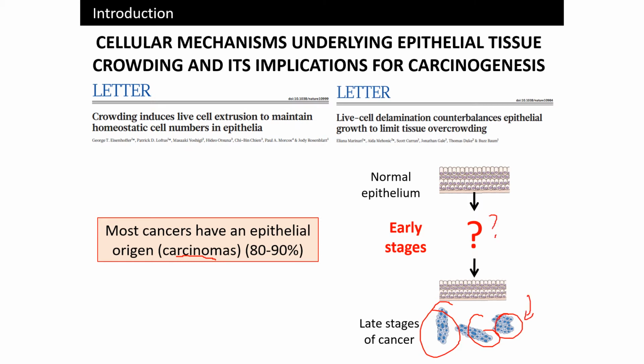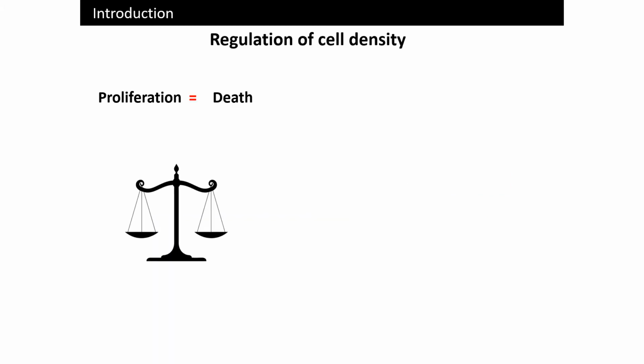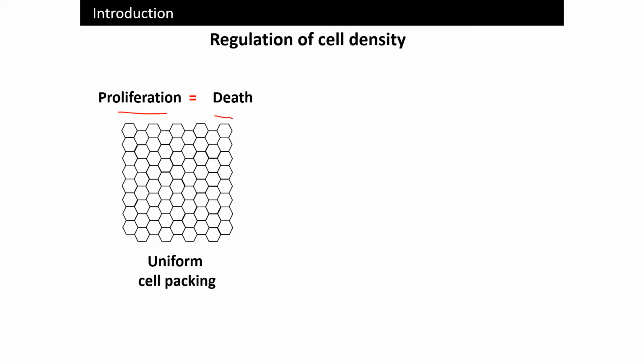However, we don't know exactly the transition, how you go from a normal one to one that has pieces of tumor everywhere. To answer that question, we know that a very important process is the balance between proliferation and cell death. And here you have a uniform epithelium.